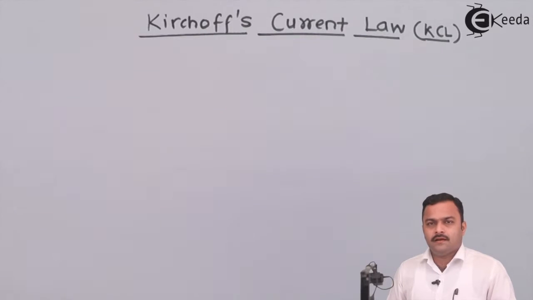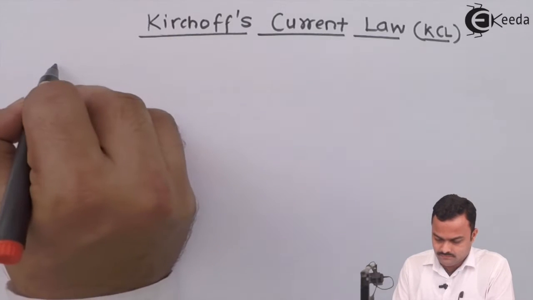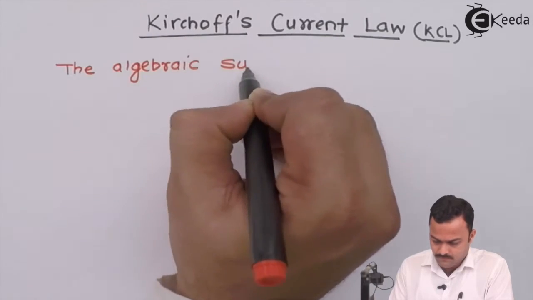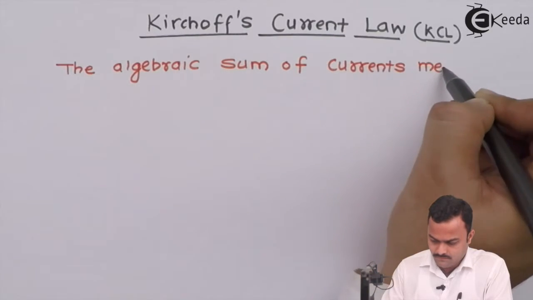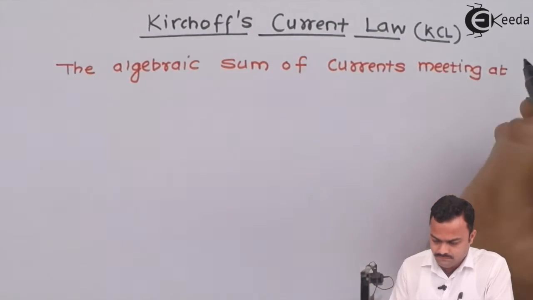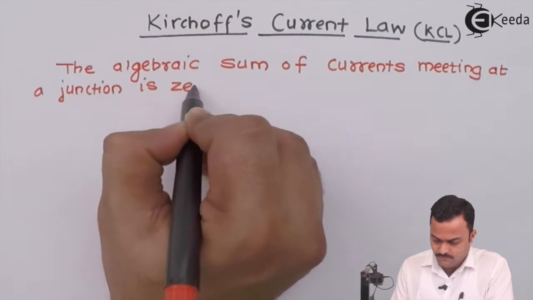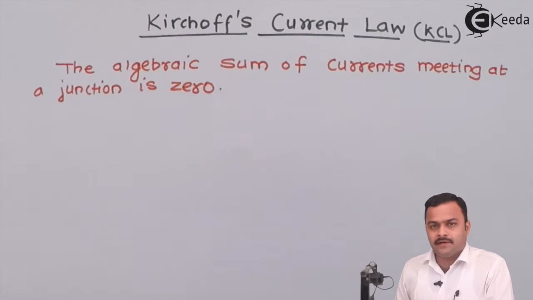It states the algebraic sum of electric currents meeting at a junction is always equal to 0. Let's graphically interpret the meaning of this statement.